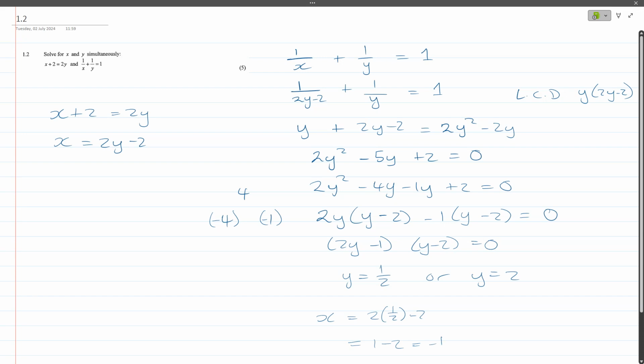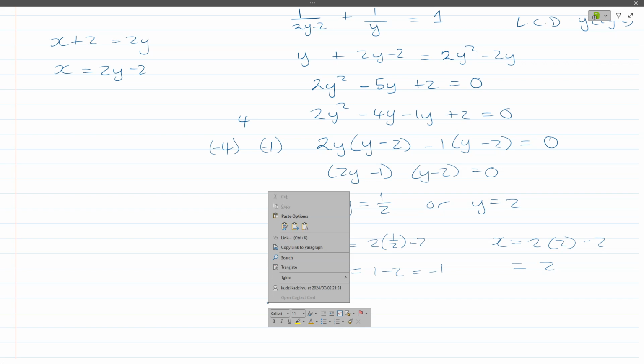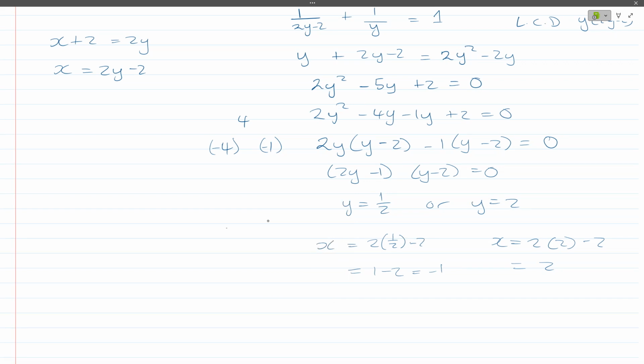And then over here, we're going to have x is equal to 2 times 2 minus 2. 4 minus 2, that's just 2. Therefore, these are our values. If y is a half, then x will be minus 1. Or if y is 2, then x will also be 2.